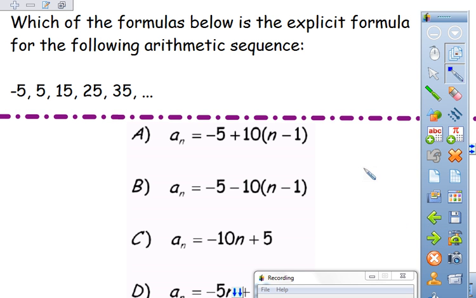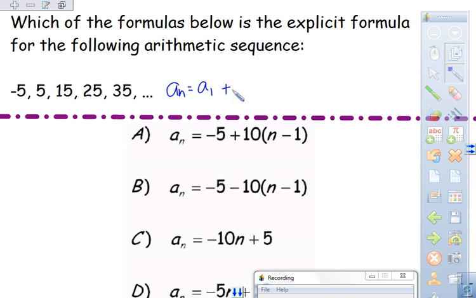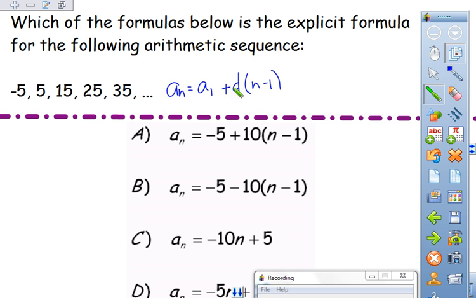Which of the following formulas below is the explicit formula for the following arithmetic sequence? So our form is a sub n equals a sub 1 plus our common difference times n minus 1. So the things we're worried about are what is our common difference and what is our first term.